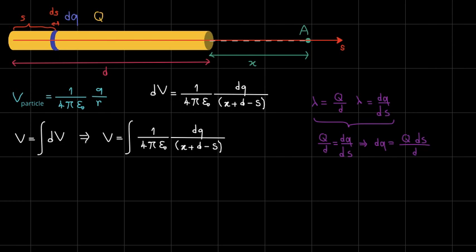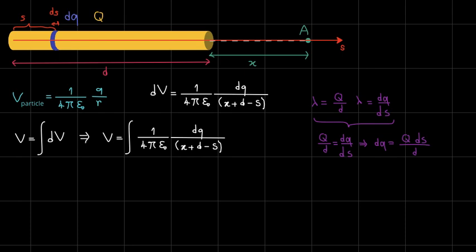Capital Q is the total charge of the rod, and d is the total length of the rod. Now, the unit charge element also has the same linear charge density. So we can also express lambda as dq divided by ds, dq being the charge of the unit charge element, and ds being the width of the unit charge element.